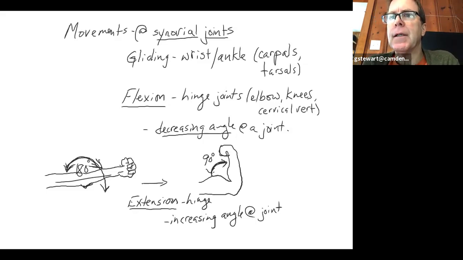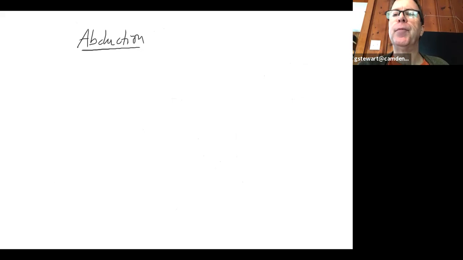So we've done, let's see, gliding, flexion, extension. Now I'm just going to do abduction. Abduction just means moving away from. So it's moving something, usually a limb, away from the midline of the body.